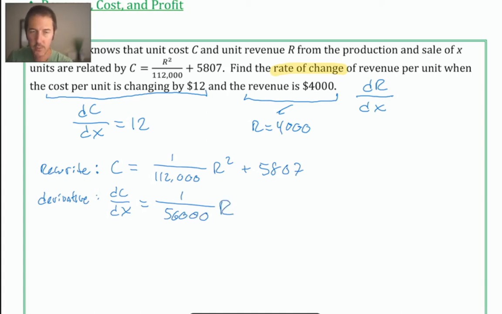I decrease the exponent by 1, so now it says R to the first power, but the chain rule says I have to multiply by my inner function, the R value. And remember here, my R is different than the variable that I see in my denominator, which is the x, because we're taking the derivative with respect to x. I know to employ the chain rule, just like I did out here. Derivative of C, but it was with respect to x, so I had to use the chain rule.